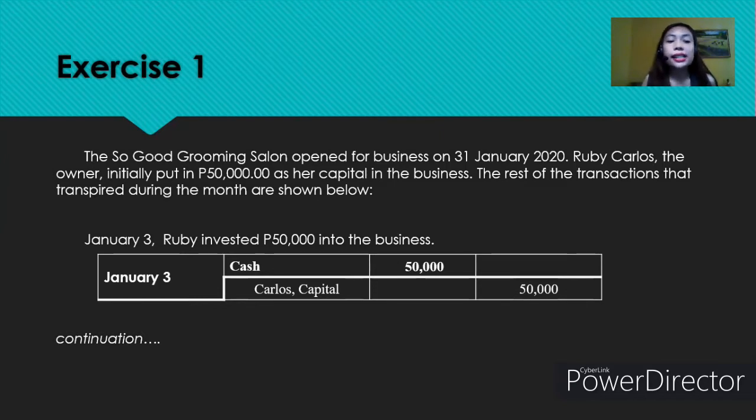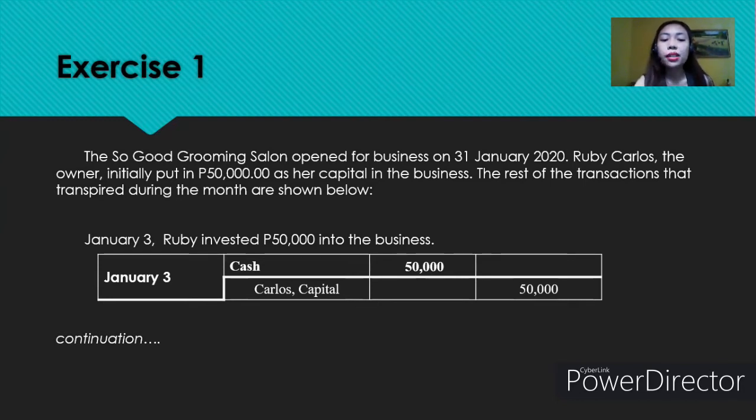Okay, since there will be additional cash, cash is an asset. And the normal balance of cash is debit. Given that you're going to increase the cash account because of the investment, you're going to put what? 50,000 on the debit corner. Guys, when we talk about debit corner, that is on the left side of the corner, while on the right side is the credit side.